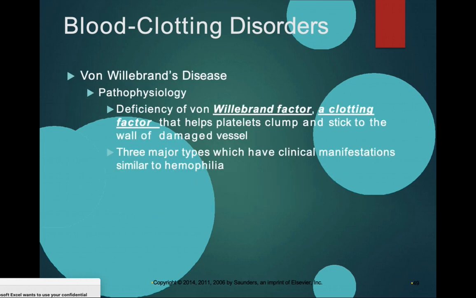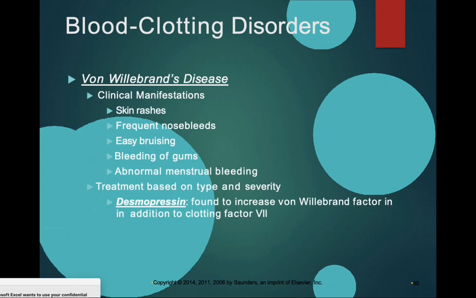All right, let's look at the next one, von Willebrand's disease. This is a deficiency of von Willebrand factor. This is another clotting factor that helps the platelets clump and stick to the wall of the damaged blood vessel. There are 3 major types which have clinical manifestations that are similar to hemophilia.